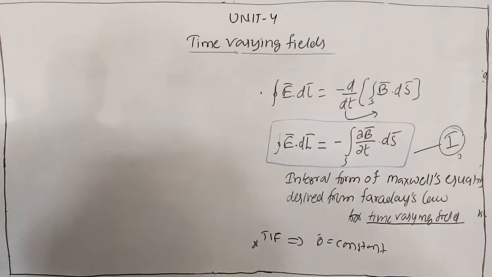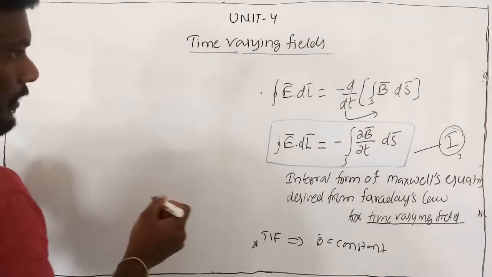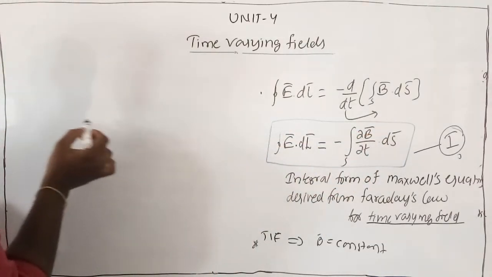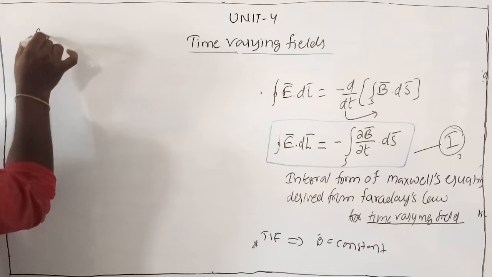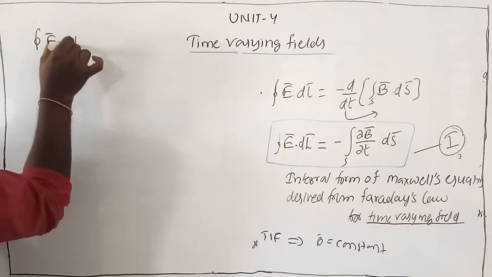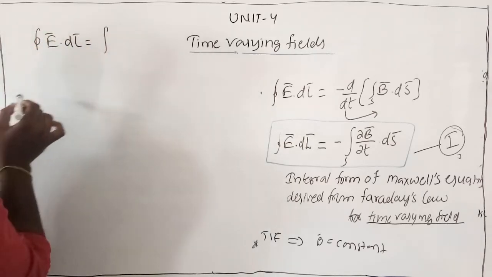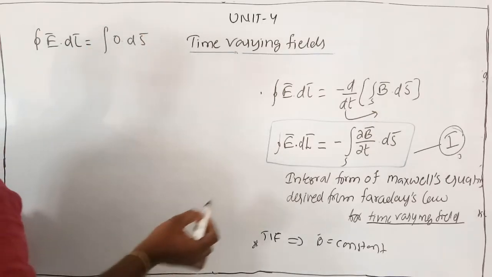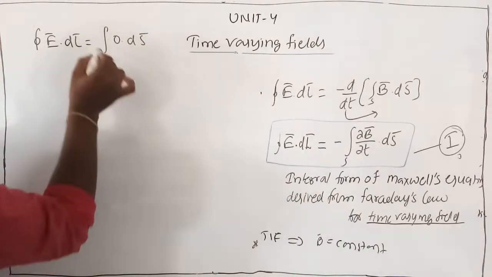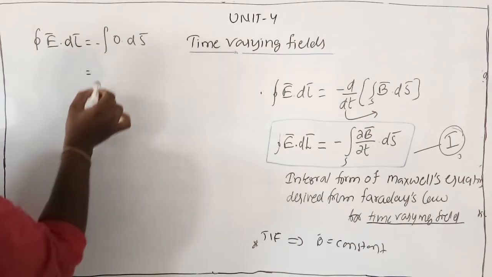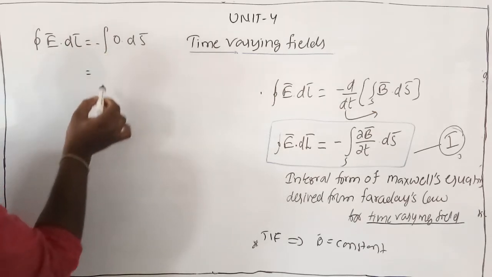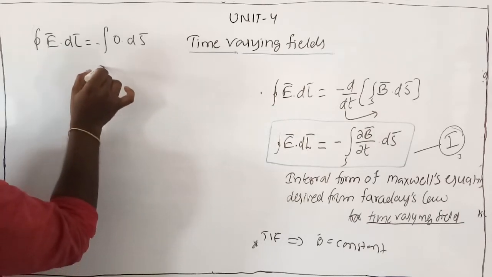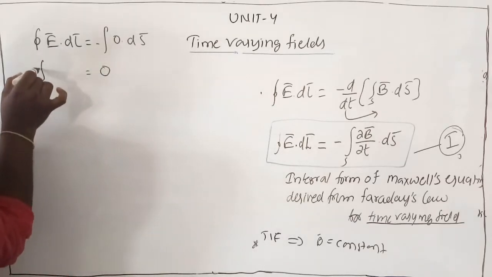As B bar is constant, d by dt of a constant becomes 0. So E bar dot dL bar is equal to 0 dS bar. As the differentiation of a constant term is 0, it becomes 0. What is the integration of 0? It is a constant, so under the assumption that the initial value is 0, it becomes 0.